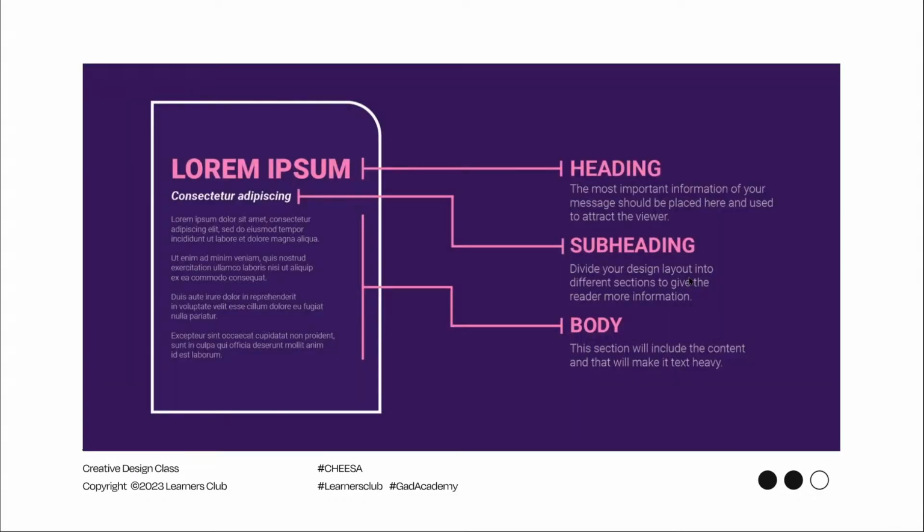So here is a visual representation or a diagram that is showing us how we apply hierarchy in our design project. Most often we see our heading bold and in bigger font size. We see our subheadings in normal or slightly heavier weight and italicized.